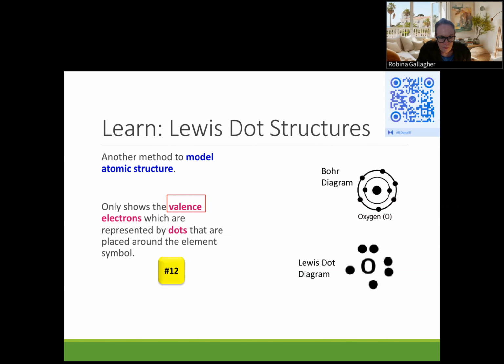So these are called unpaired electrons. And again, these are only the valence electrons. The Lewis dot diagram doesn't help us really understand how an atom is made or what it looks like, but it does help us a lot understand what's available to bond. Remember that the only electrons that are involved with bonding are valence electrons. So that does help us a lot.